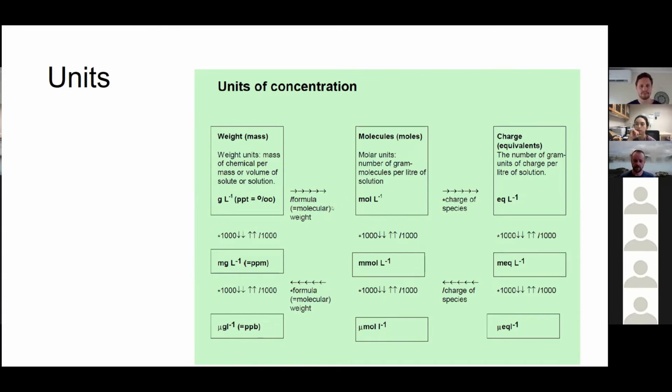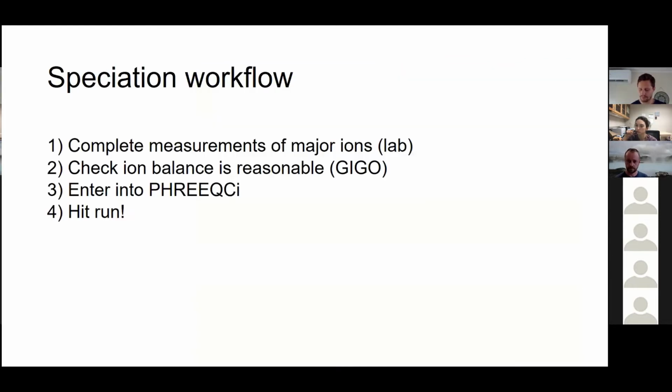That would be, let's say, 40 or so for calcium. So if you had your ppm value of calcium, you divide by 1,000 and then divide by 40, and now you're in moles per litre. Now, to get into charge equivalent values, it's merely a case of multiplying by the charge on the ion. So for calcium, it would be 2. For sodium, it would be 1, and so on.